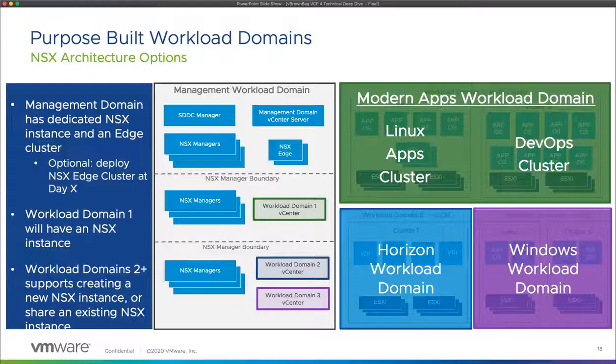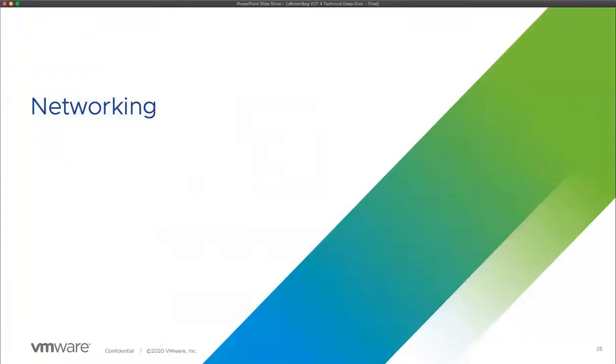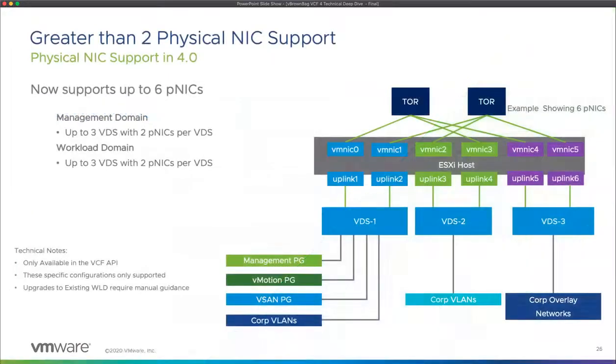So I talked a little bit about the networking components here, about how you can have separate NSX instances or dedicated NSX instances. So as we build that out, it also becomes a question about how many NICs can we support? And the answer to that is, hey, we could support up to 6 physical NICs in a VCF environment. This is all done through the VCF API. And we could see here that we have 3 VDSs.